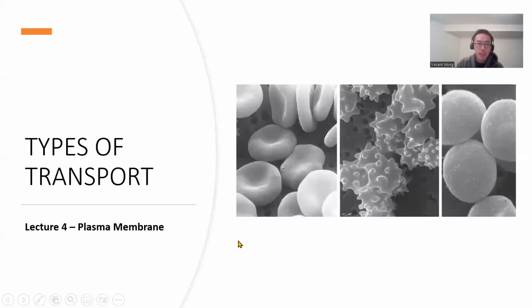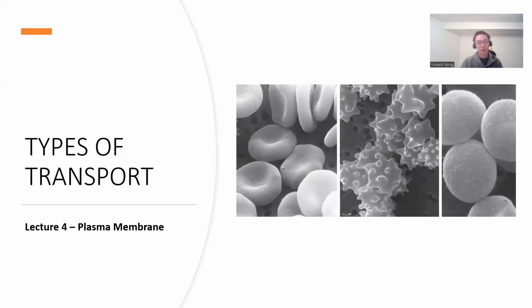So last class, we talked about membrane structures in greater detail with the fluid mosaic model. We also explained the different functions related to membrane proteins. There are 6 functions that we talk about specifically.